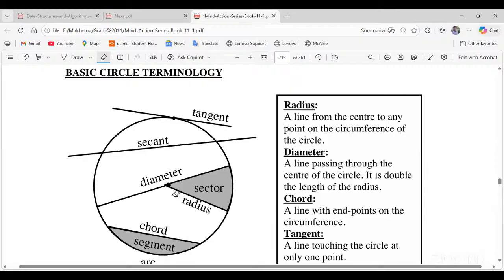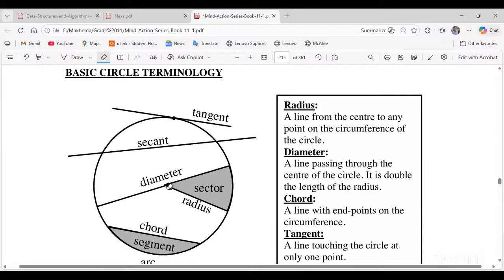It's a must for you to know the definitions of these parts of the circle, because you are going to need them. Just a little reminder on what is the radius, what is the diameter, what is the chord. A radius is the line from the center to any point on the circumference of the circle.